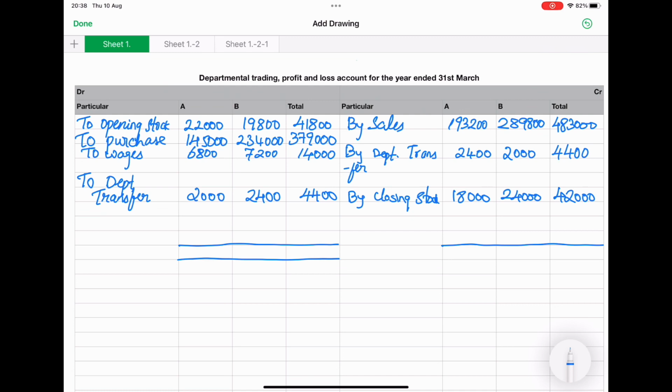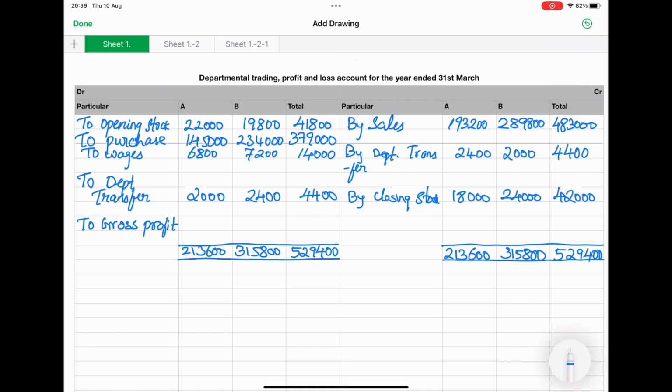As usual, the credit side value is more. How much are we going to get? 2,13,600. Use calculator. 3,15,800. Total will be 5,29,400. Same values: 2,13,600, 3,15,800, and 5,29,400.